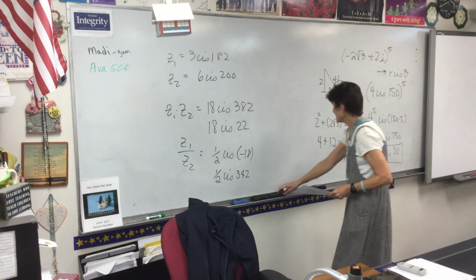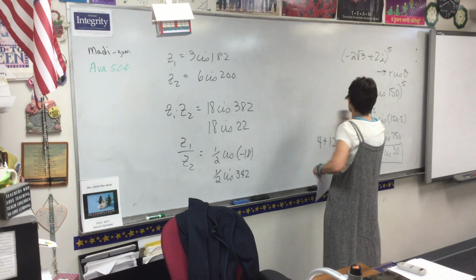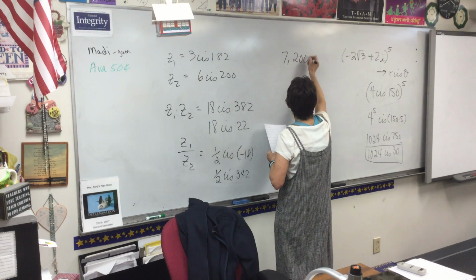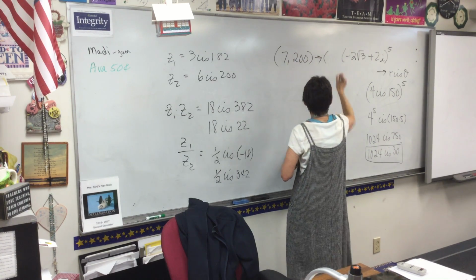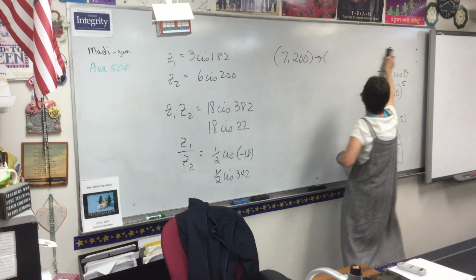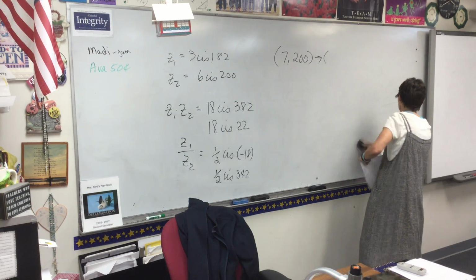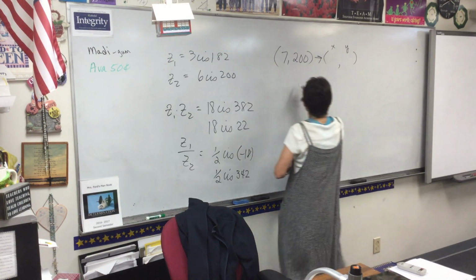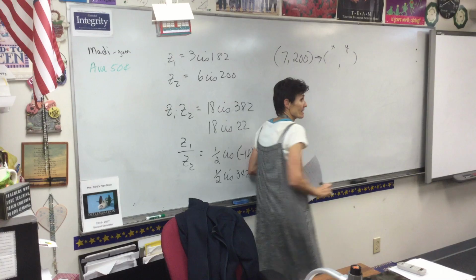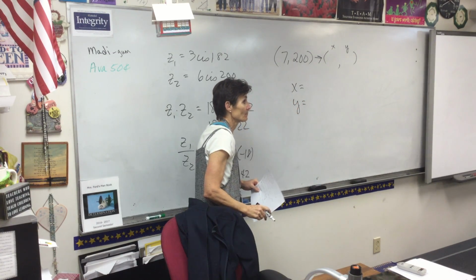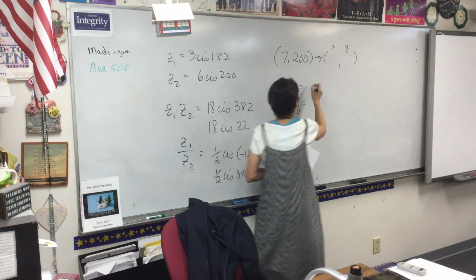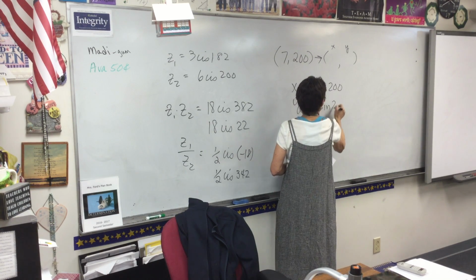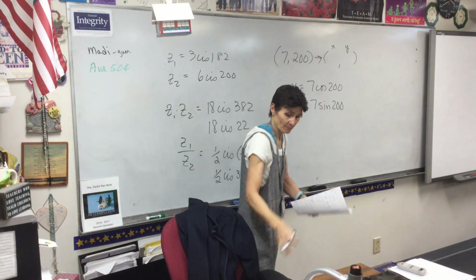I'm changed to rectangular coordinates. Okay, what does that mean? What am I doing if I'm changing to rectangular coordinates? I'm gonna find X and Y. And how do I find X and Y? X equals 7 cosine 200, Y equals 7 sine 200.